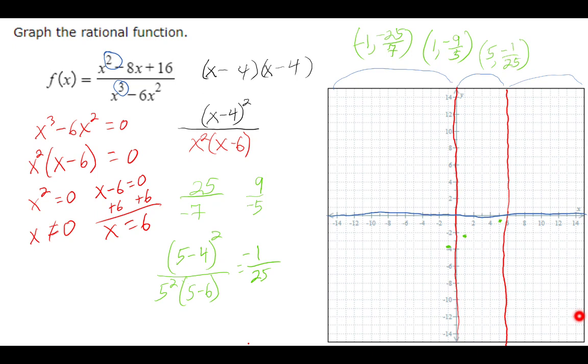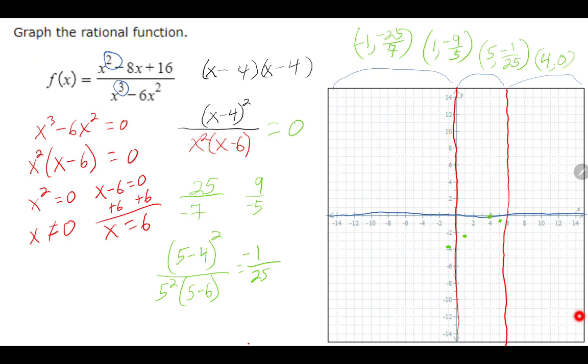Okay, so I have that point. I'm going to plug in my x-intercept because I have one. That would happen when this equals 0. The whole bottom goes away here, so I'm really looking at when does x minus 4 equal 0. Well, that happens at 4. So I would have this point 4, 0. So that means at this point, I hit.